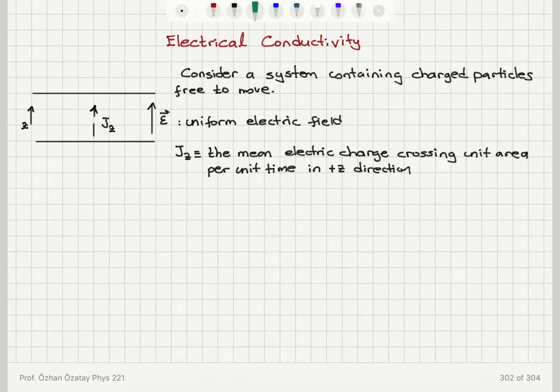So this is called current density. It's actually a charge flux, if you wish.